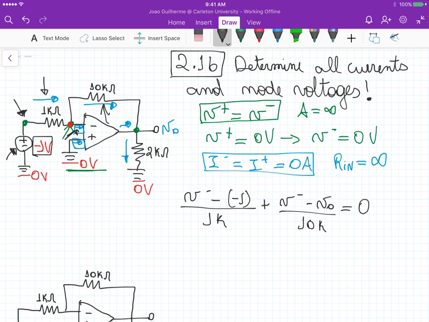Now, if you remember, V minus is 0 here and there. In this case, we can isolate V out. So V out is equal to minus 10k divided by 1k times minus 1.